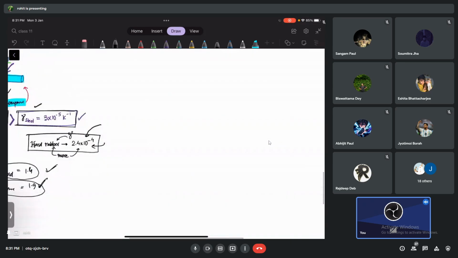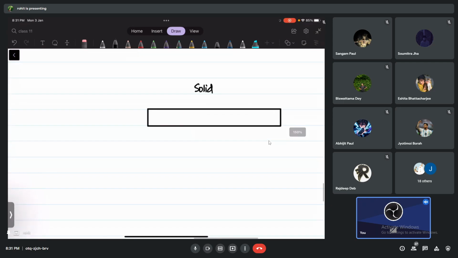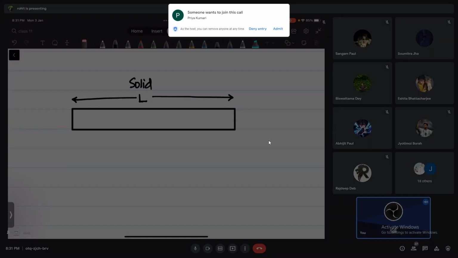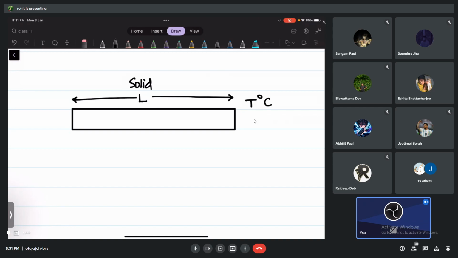Now you don't know till now what alpha is. But to know alpha, I need to come back to one diagram and check whether this makes sense or not. Look at the diagram, then we will understand. Let's say this is our solid, any solid that you can think of, aluminium, copper or brass or anything, iron also, of course. The length of this solid is L. Right now the temperature is T degrees Celsius or Kelvin if you want to say, no problem.